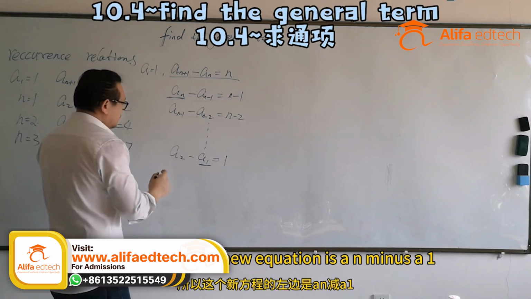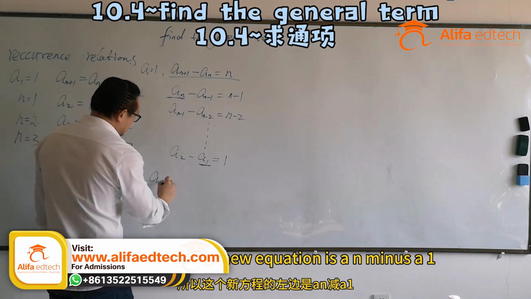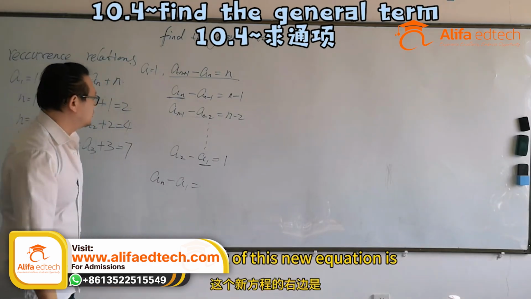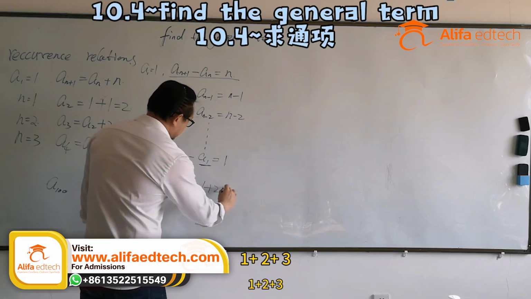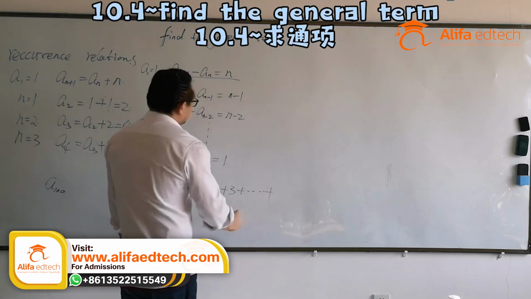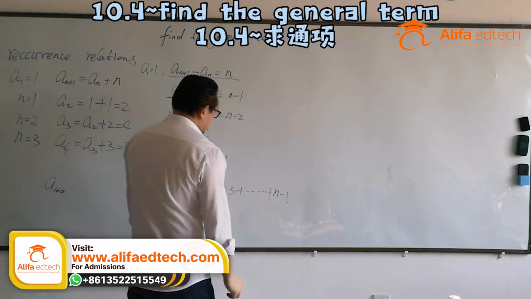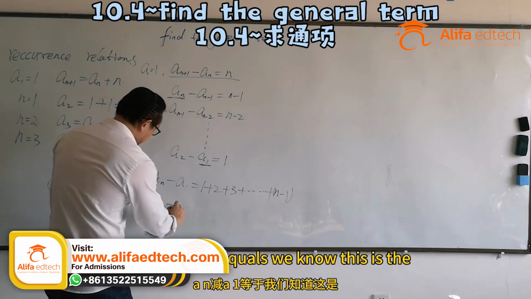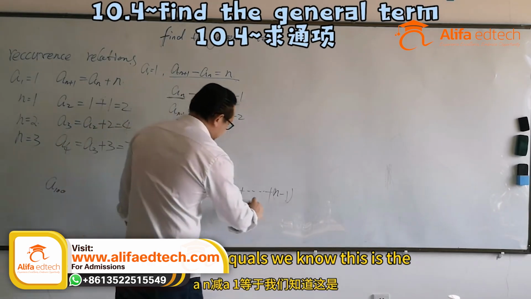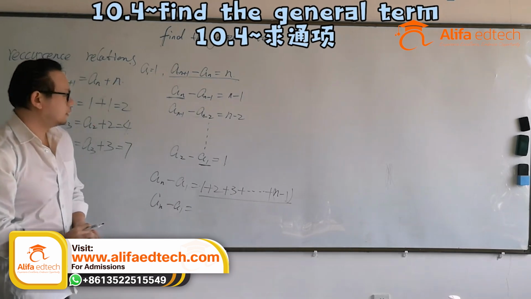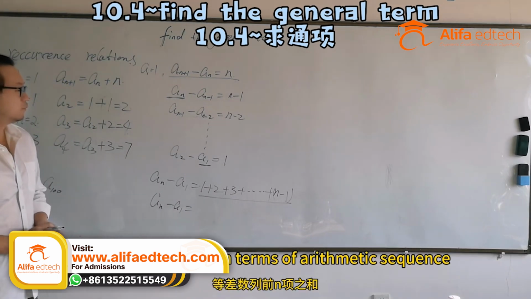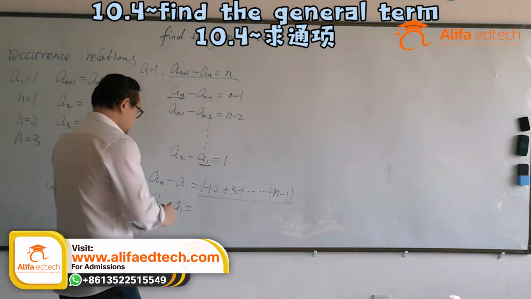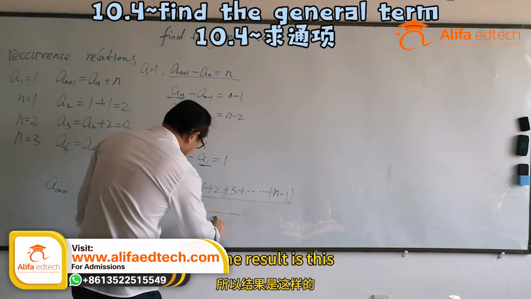So the left of this new equation is an minus a1, and the right of this new equation is 1 plus 2 plus 3 plus up to n minus 1. So an minus a1 equals, we know this is the sum of the first n terms of an arithmetic sequence. So the result is this.